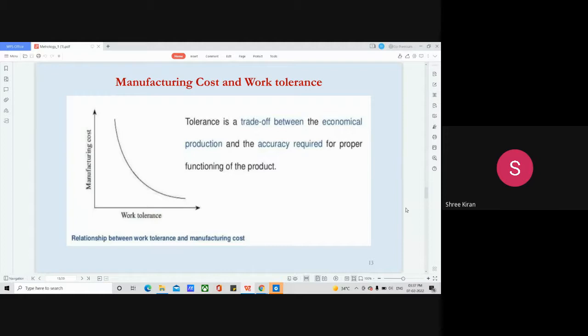Andrew Suresh. Yes, sir. Could you just tell me why do we make these gauges for this purpose? Why do we use the gauges for this purpose?